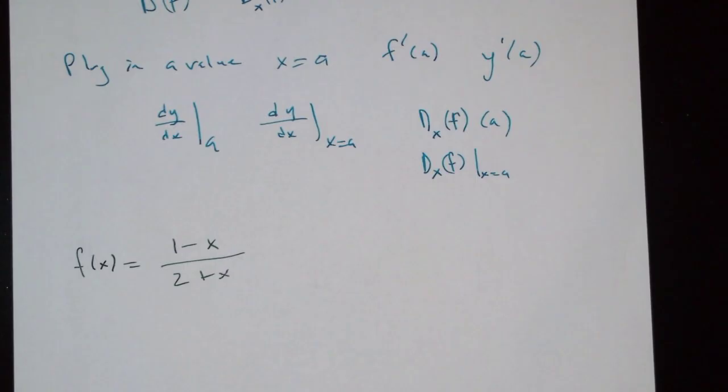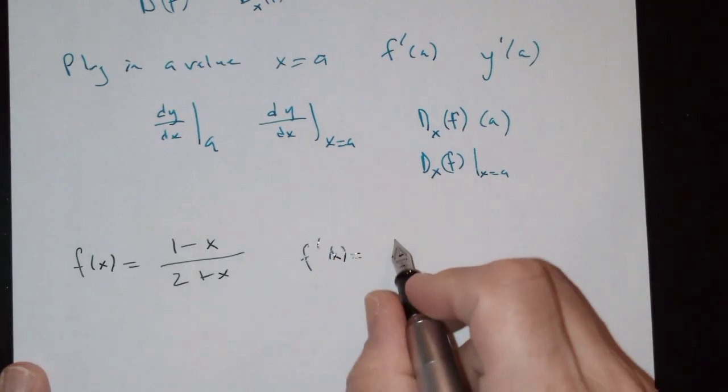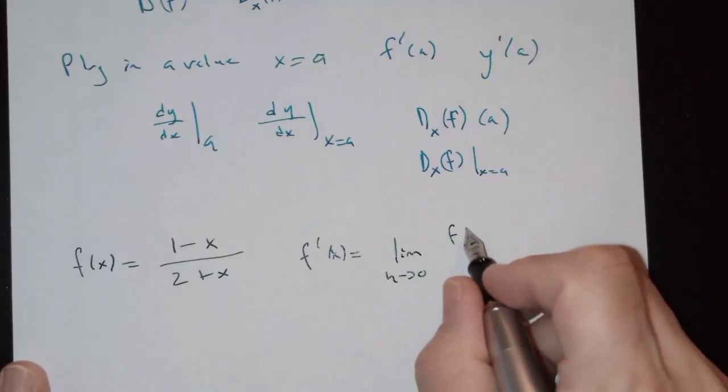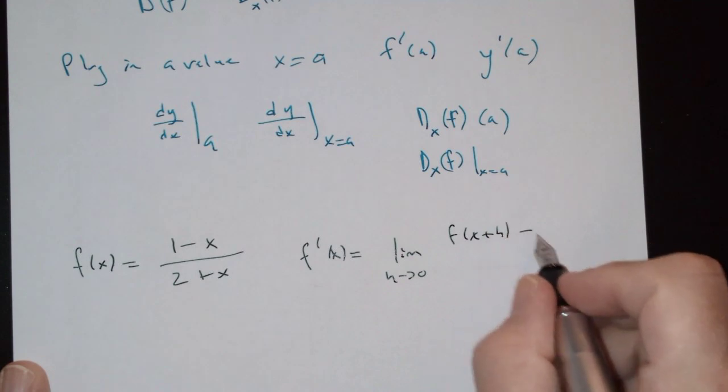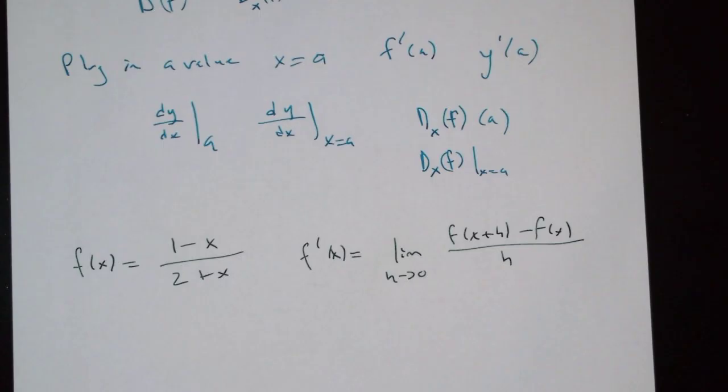Now, I did say that one of the biggest problems we're going to have in doing our derivatives is the algebra involved. So I want to do the derivative of this function, and the method I have to find f prime of x is to do the limit as h goes to 0 of our difference quotient, f of x plus h minus f of x over h.